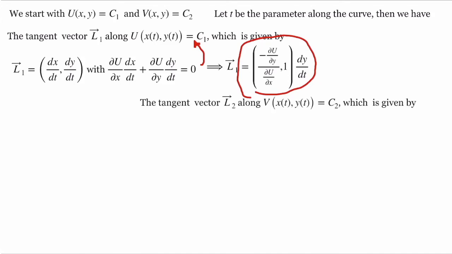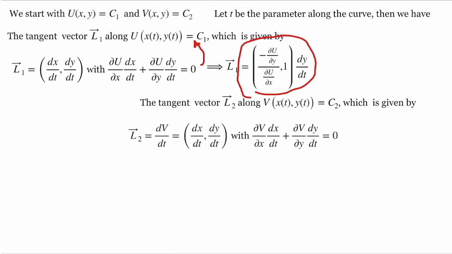Same thing you can do for the tangent vector L2, which is tangent to the curve v(x(t), y(t)) = constant. Again we have a tangent vector (dx/dt, dy/dt), and since v(x(t), y(t)) = constant, we also have dv = 0, explicitly dv/dx dx/dt + dv/dy dy/dt = 0.